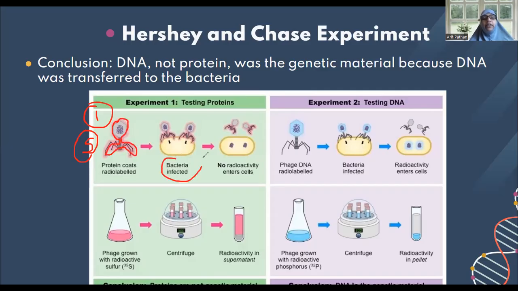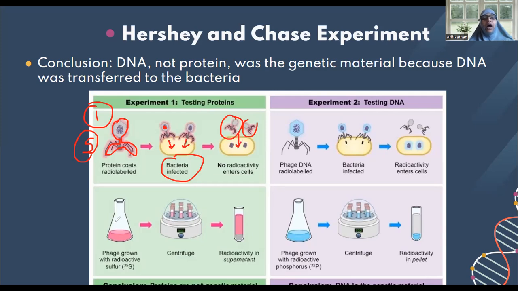So after infection, when the bacteria were allowed to be infected with the virus, they injected their material inside the cell, whatever the genetic material was there. And the radioactivity remained in their body only. It did not enter the bacterial cell.